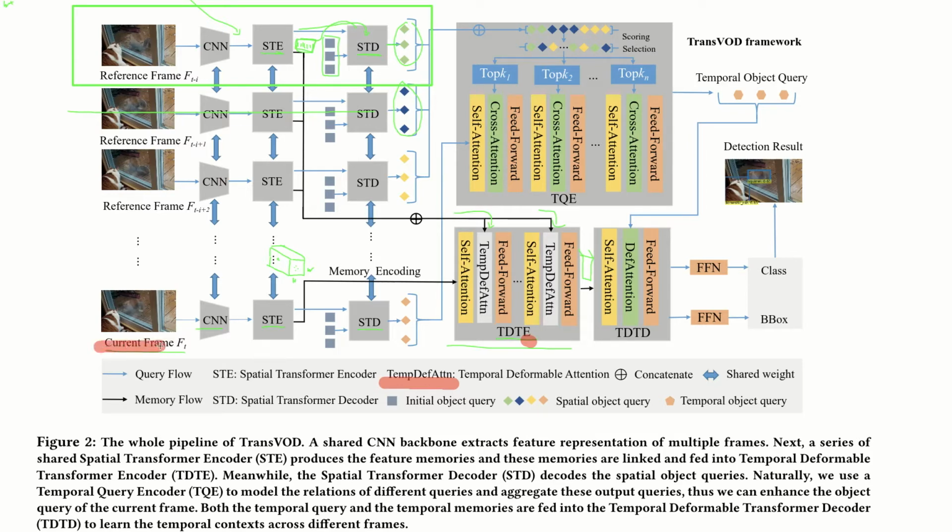We have our current frame, where we get a feature map from this encoder. We apply self-attention, and then we apply attention across the features from all the other frames, and we do it in a deformable way.